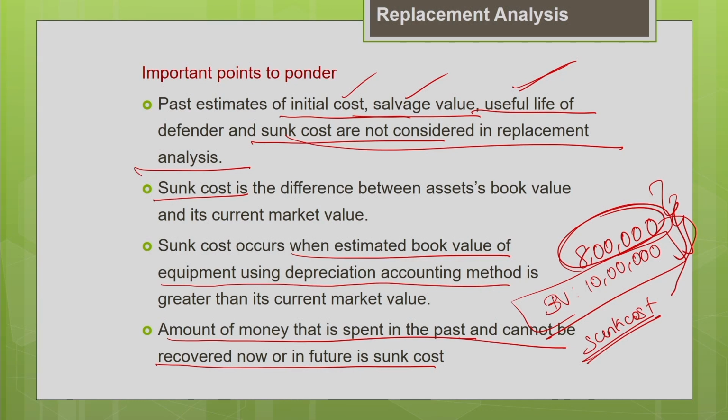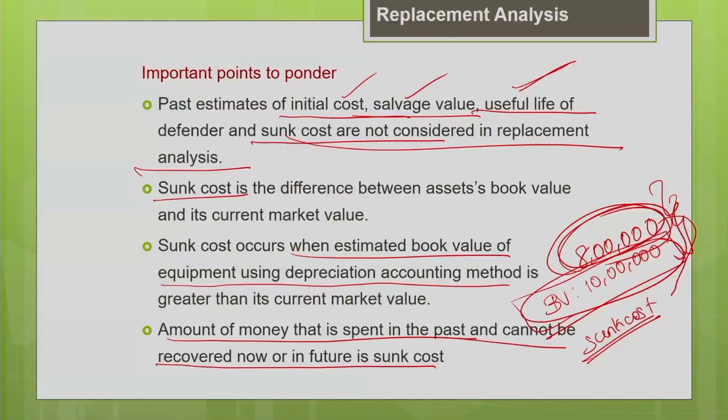That sunk cost also should not be considered in the replacement analysis. What you should bother about is only the current estimate, which is the current market value of the machine. That is the only thing relevant in the replacement analysis with respect to the defender.